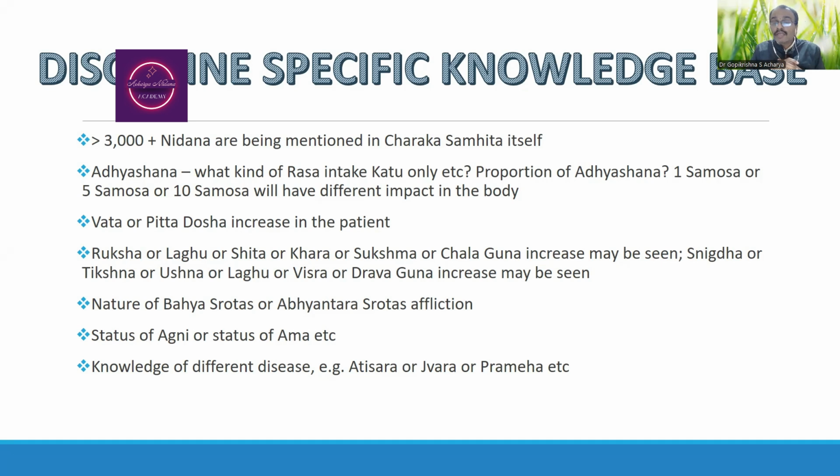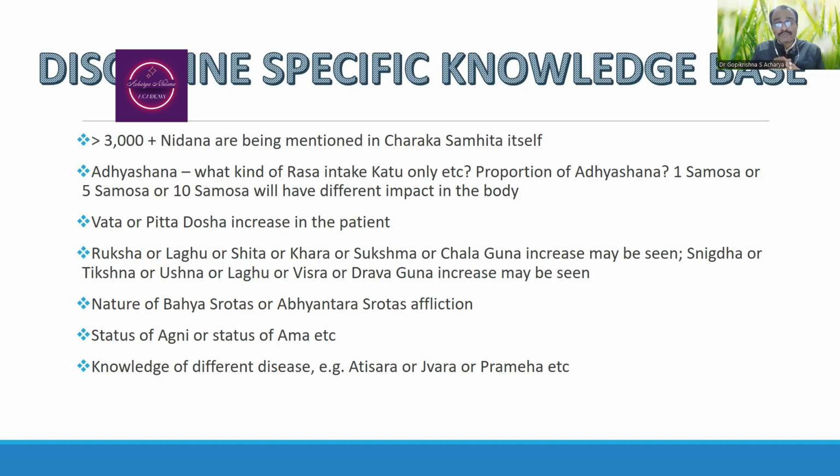Let us say, for example, Atyashana. What kind of rasa intake? For example, if the person is frequently taking more Katu rasa, and the proportion of Adhyashana, what degree of quantity, whether little or abundant.